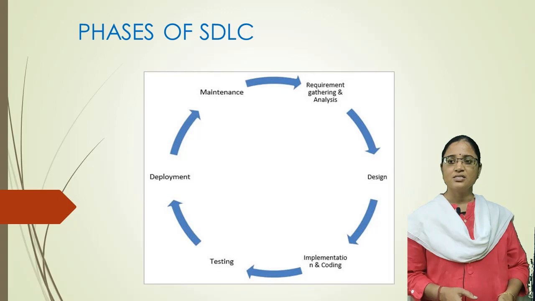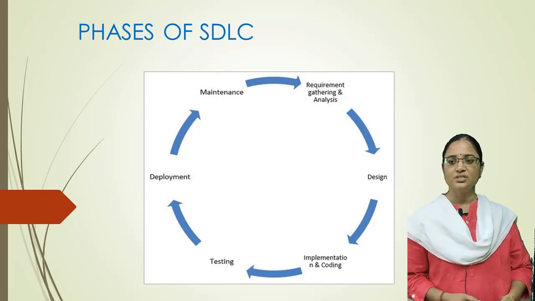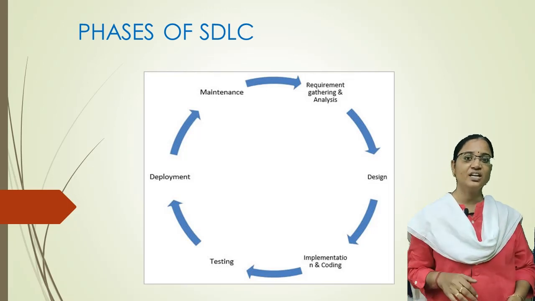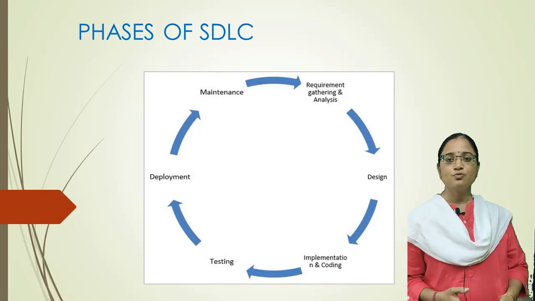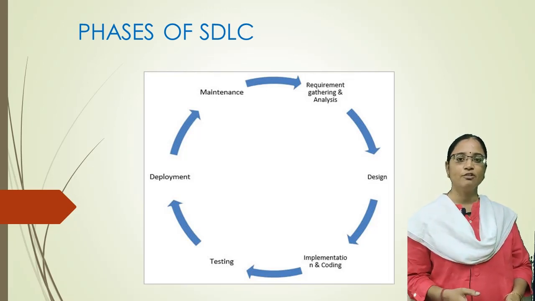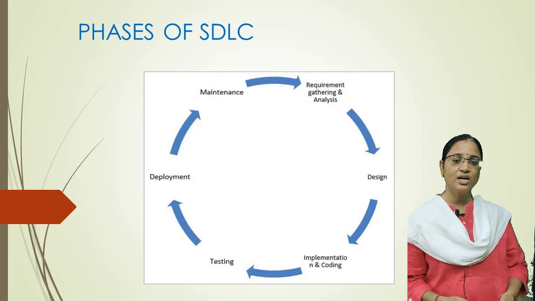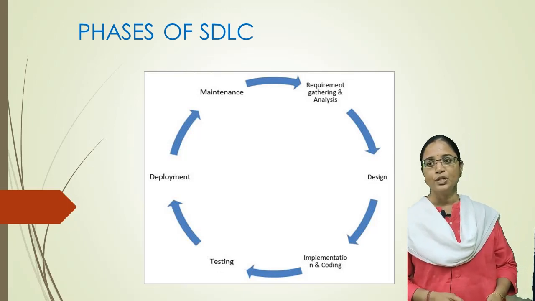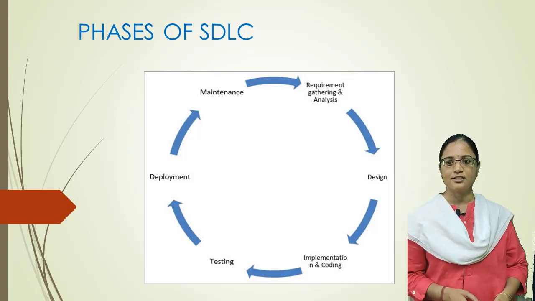This is done to verify that the entire application works according to the customer requirements given in phase 1. Whether the system is fulfilling the requirements of the customer who gave the requirements in phase 1, that will be tested in the testing phase.